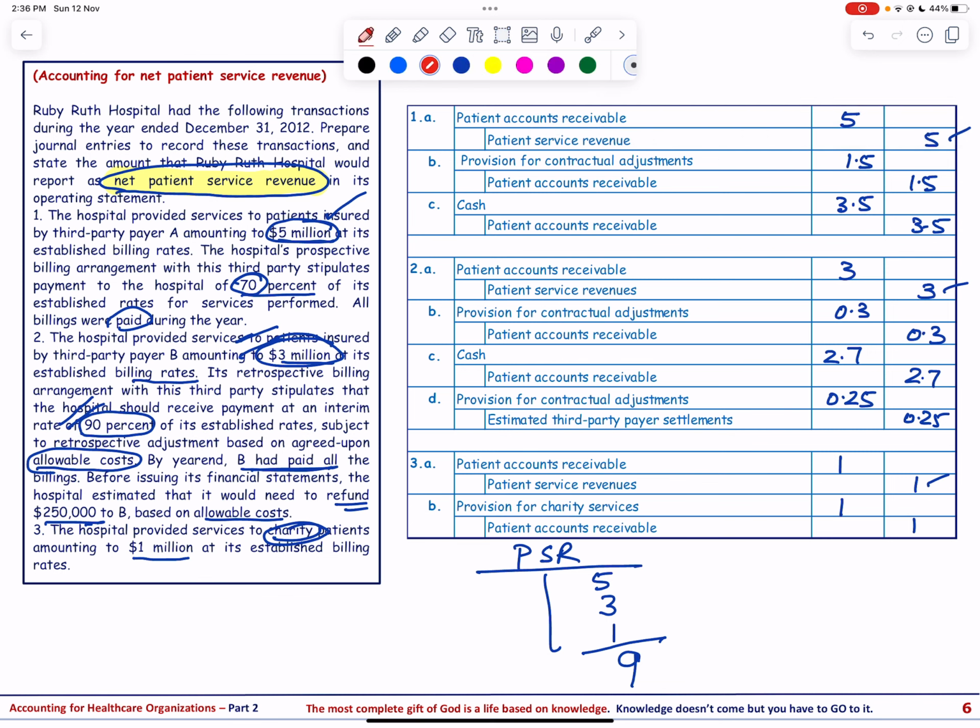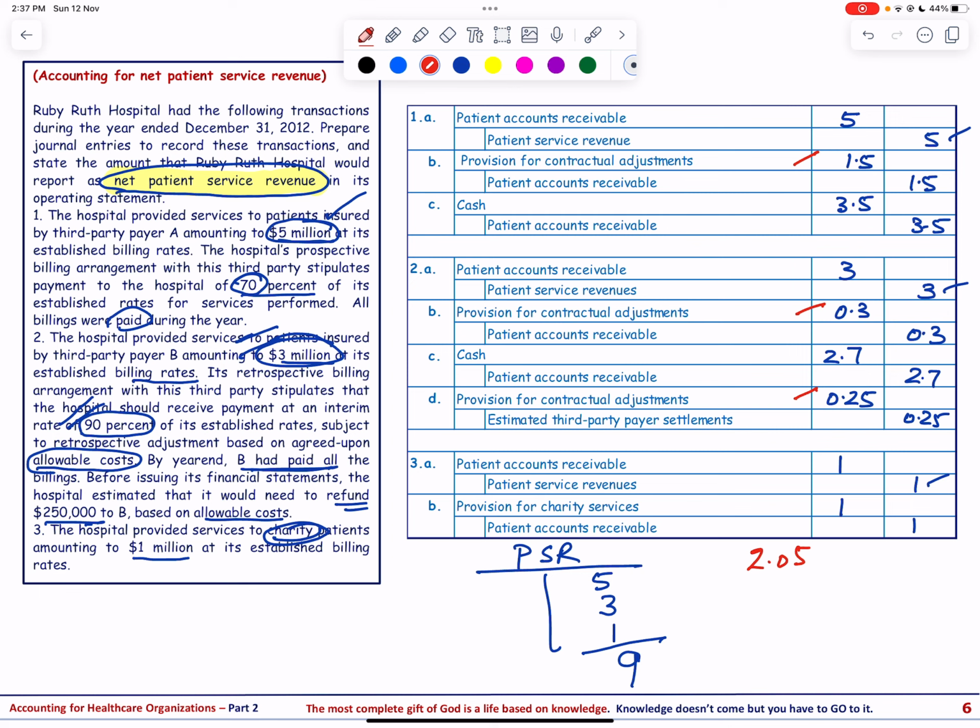We have provision for contractual adjustment 1.5, and then we have 0.3, that makes 1.8, and then we have 0.25. So that means it will be 2,050,000.